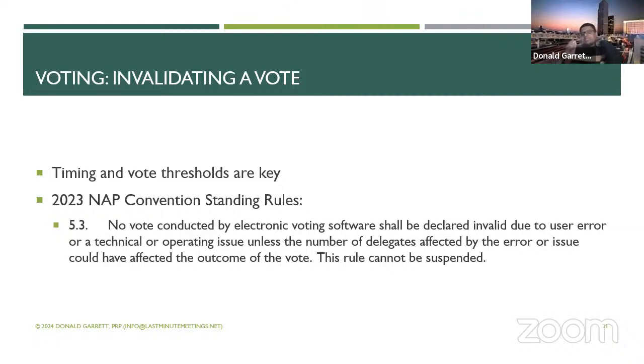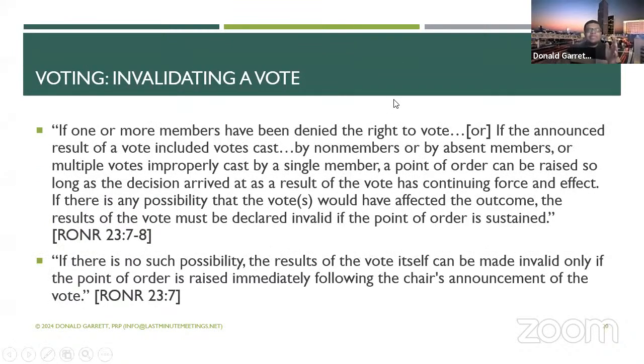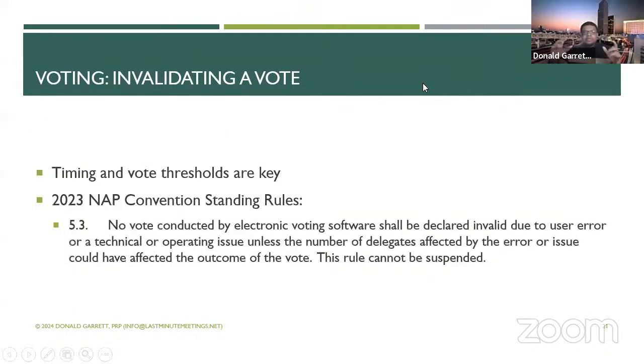We put that in there to simplify it and to state the principle. Because if you go back to the previous section, there's a lot of, it depends on timing and it was this and it was that, right? This is the rule that we use to supersede the point of order section in Robert's Rules of Order.